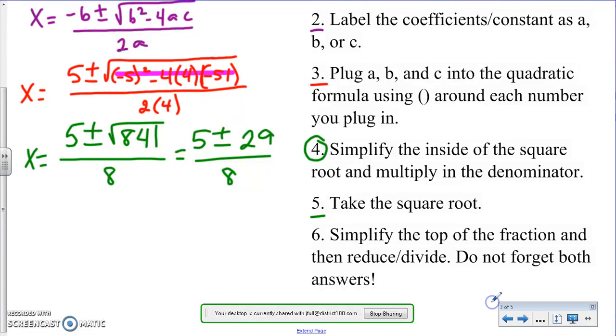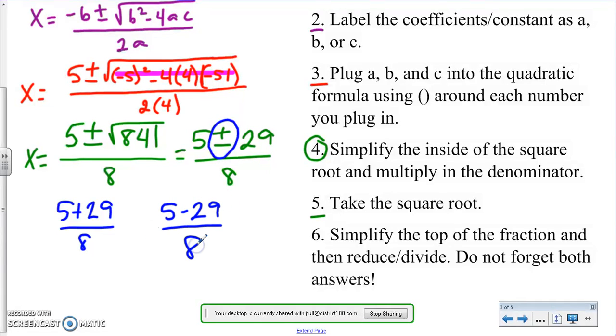From here, important step: this plus or minus sign tells us we actually have 2 parts to this. The first one is 5 plus 29 over 8. The second one is 5 minus 29 over 8. And you can actually type both of those in your calculator as well.